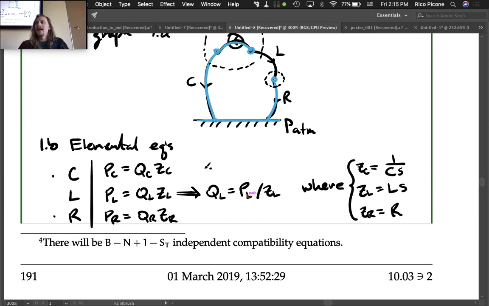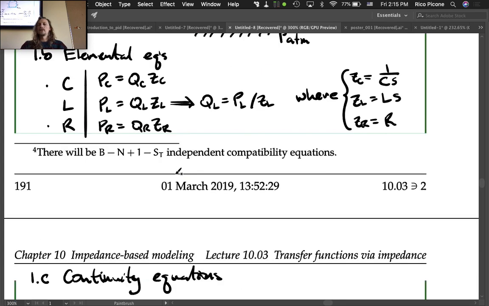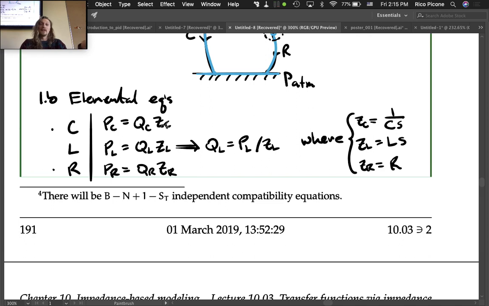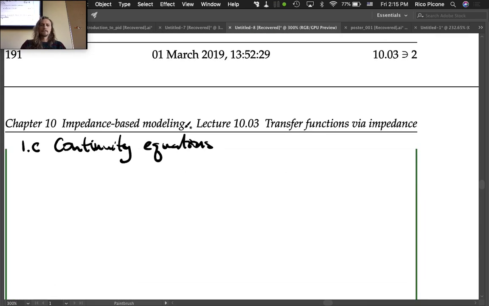I'm suppressing that because it looks really messy, and it's easy to introduce errors if you write down a bunch of pointless function of S terms. I think we end up making more mistakes that way. That's why I suppress it a lot of times. So we just have to know from context that these are functions of S because we used an impedance equation, which has to be in terms of functions of S.